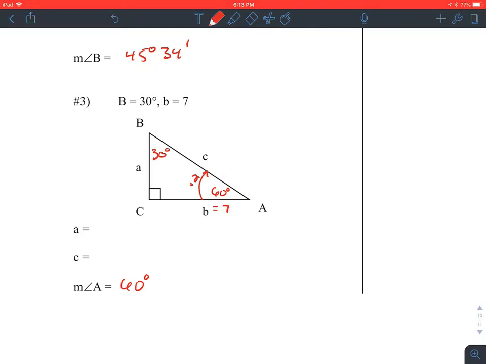So that means C is going to be 14. Whatever is the short leg, the long leg, which is opposite 60, is that times the square root of 3. That's going to make this 7 times the square root of 3. Special right triangles are immensely important, and hopefully you have learned that in the past. If that doesn't make sense, come see me, and I'll spend some more time on it.